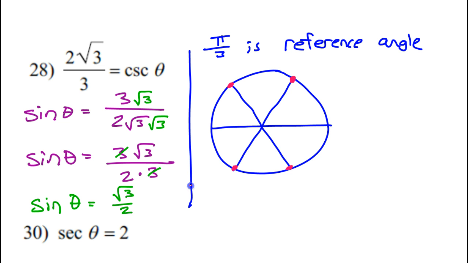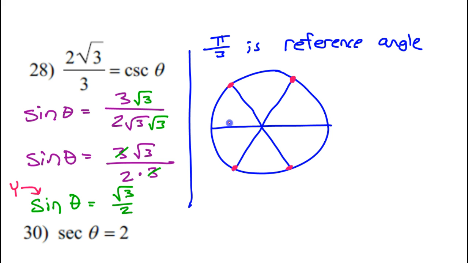Now the significance of this is the sine of any one of these angles is going to give us radical 3 over 2. Except for one thing, 2 of these are going to be positive and 2 of them will be negative. So this is a positive radical 3 over 2. So I need to know which ones are positive. Well, we're talking about the sine function, and on the unit circle, the sine function is the y-coordinate.